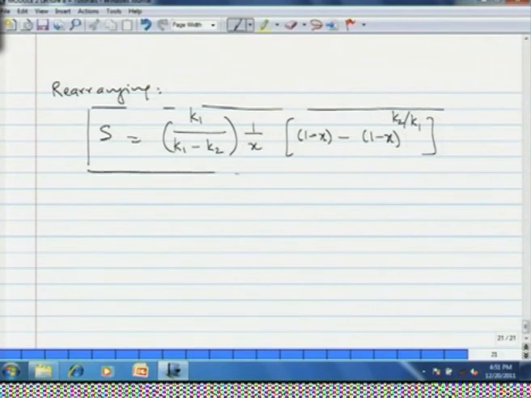And that completes our exercise. So, here also you will see that selectivity is a function of x.